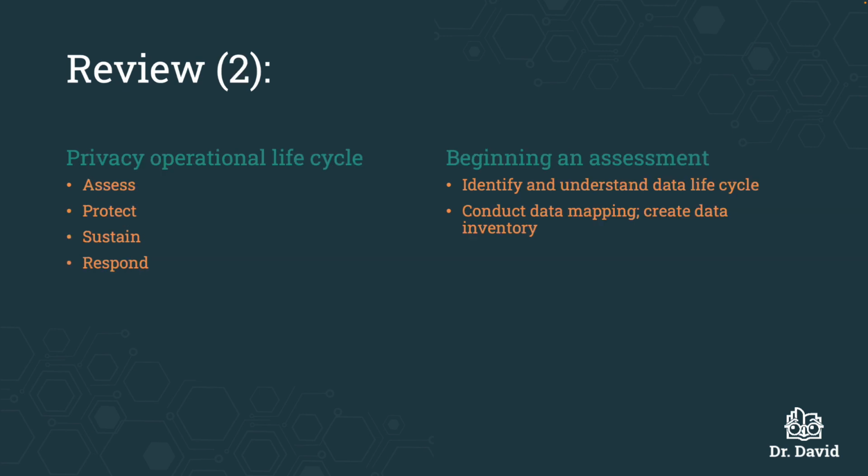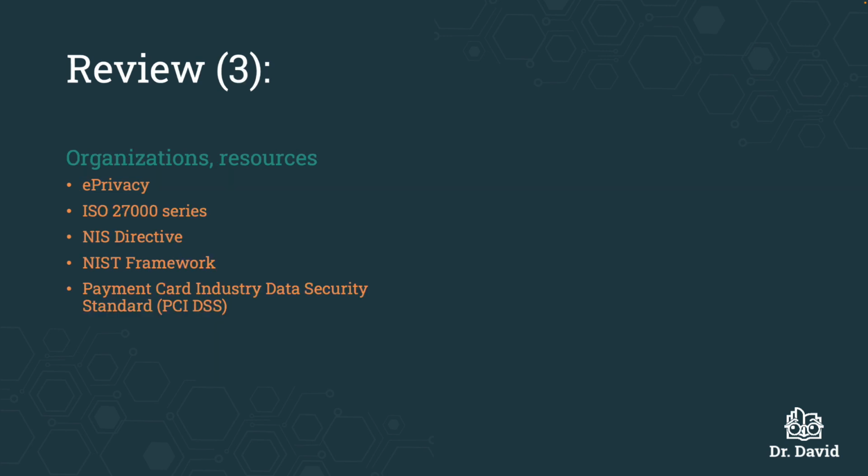The privacy operational lifecycle is assess, protect, sustain, and respond. When beginning an assessment, we want to understand the data lifecycle. We then conduct data mapping and create a data inventory. And some useful organizations and resources include the e-privacy directive, the ISO 27000 series, the NIS directive, the NIST framework, and PCI DSS.